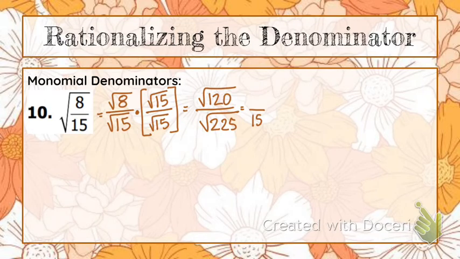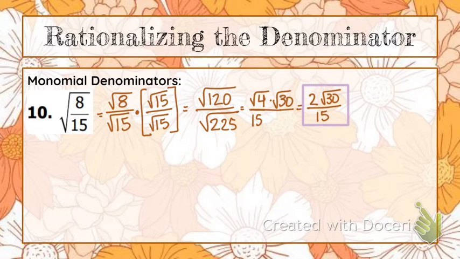And then the square root of 120, we want to break that apart into 2 different radicals. The biggest perfect square that goes evenly into 120 is actually just 4. So we're going to get the square root of 4 times the square root of 30. Square root of 4 is 2, so we have 2 square root of 30 over 15. That is not able to be reduced any further, and that's your final answer.